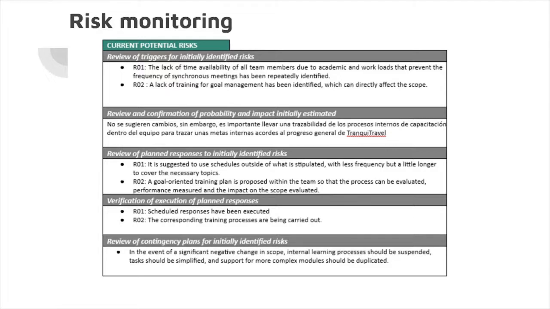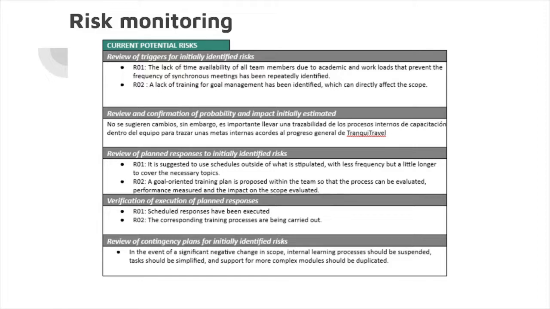R02, a goal-oriented training plan is proposed within the team so that the process can be evaluated, performance measured, and the impact on the scope evaluated. Verification of execution of planned response. R01, scheduled responses have been executed. R02, the corresponding training processes are being carried out.